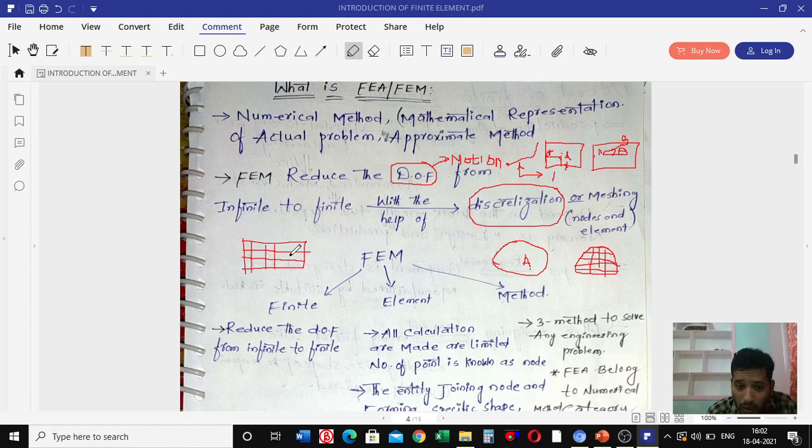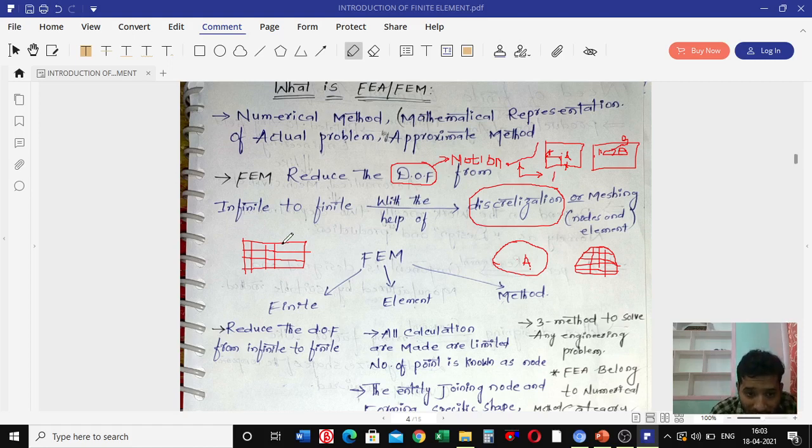If you want the accurate result at this position, then you need to divide into more lines. If you divide into more lines, you will get more nodes, and with more nodes you will get more accuracy.